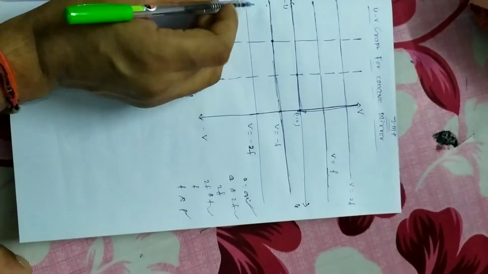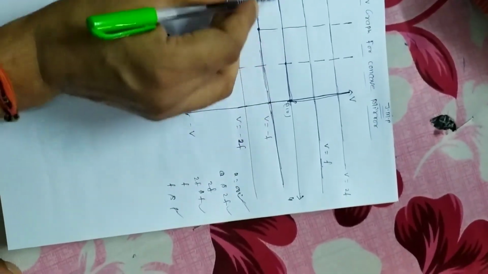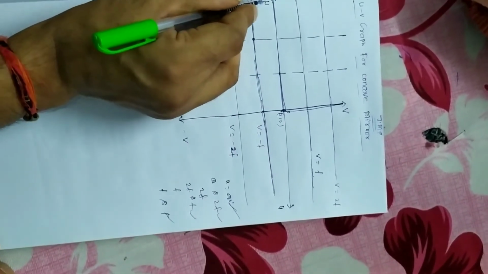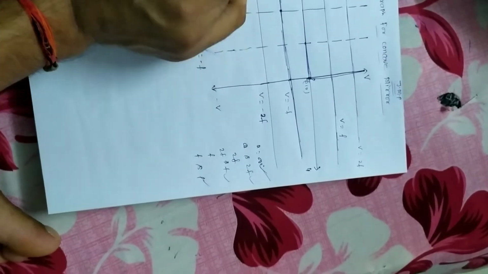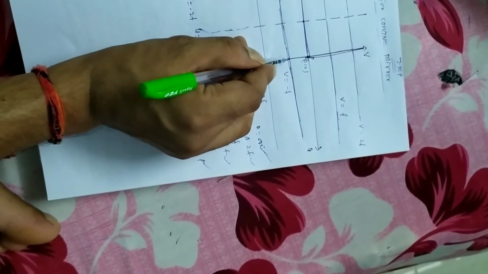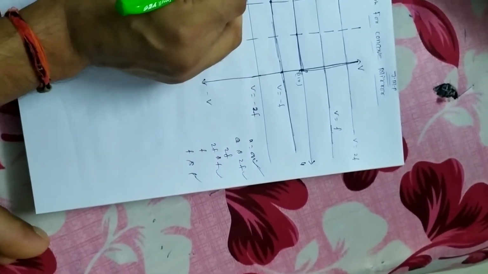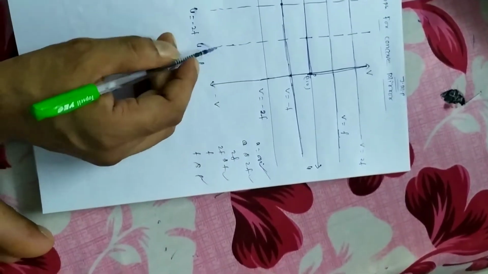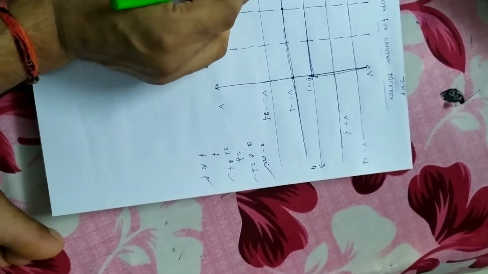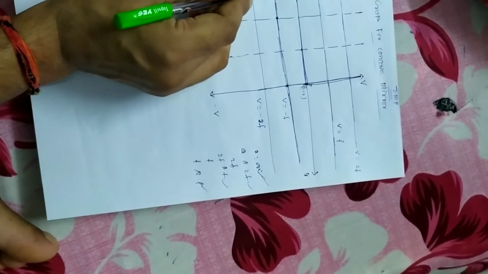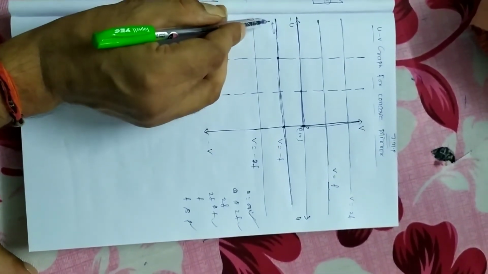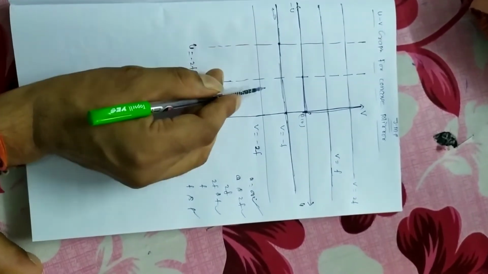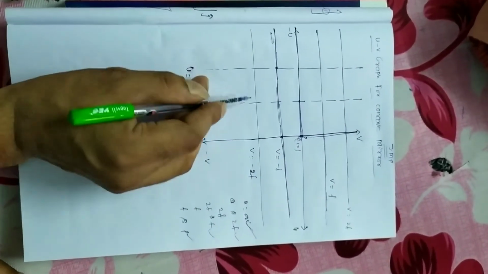See, this is the pole, this is the object axis. Suppose the object is at infinity, very far away. At that time its image is at focus, right? So the object is here, the image will be here. But when the object starts moving towards the mirror, the image starts moving away from the focus, right?